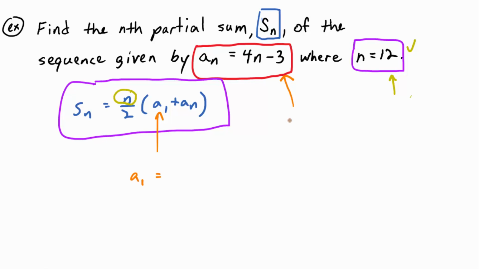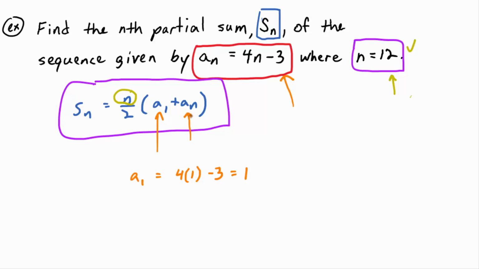Anytime you're given an explicit formula, you can find a1, you can find a million. It doesn't matter. You have your explicit formula. What do you do to find a1? Plug in. So it'd be 4 times 1 minus 3. So what is that? Oh, it's just 1, isn't it? a1 is 1.